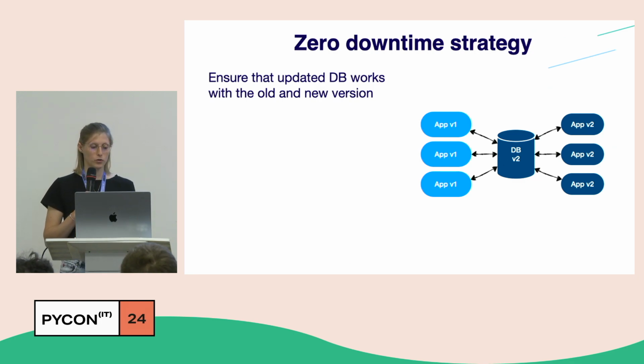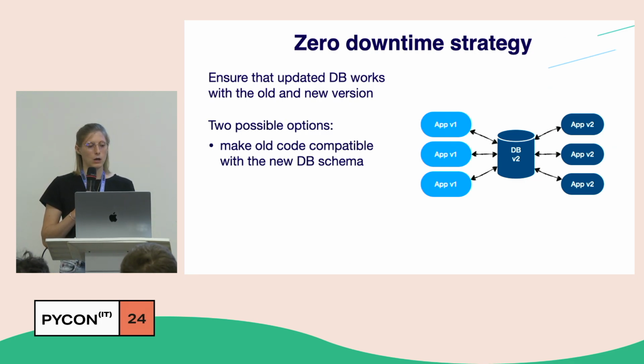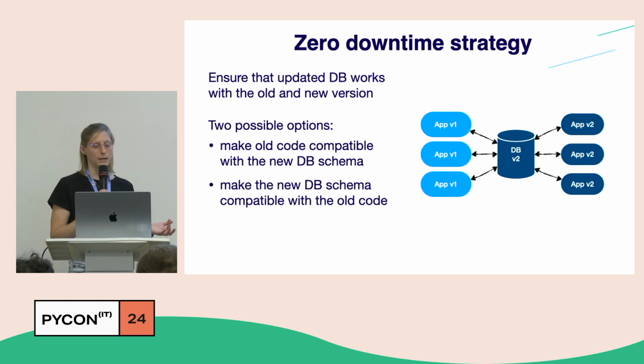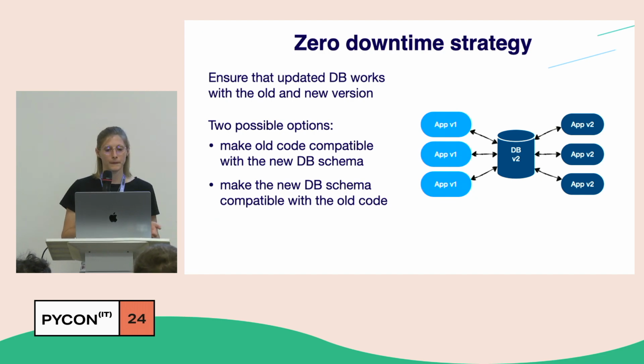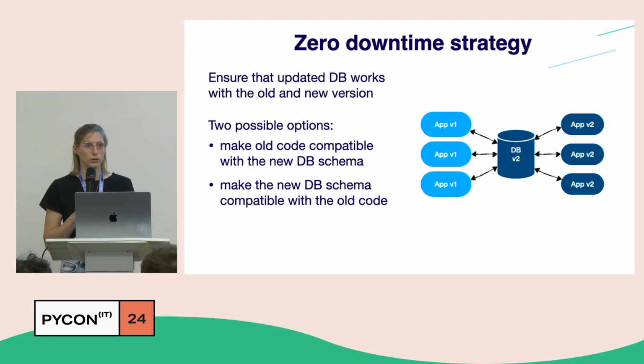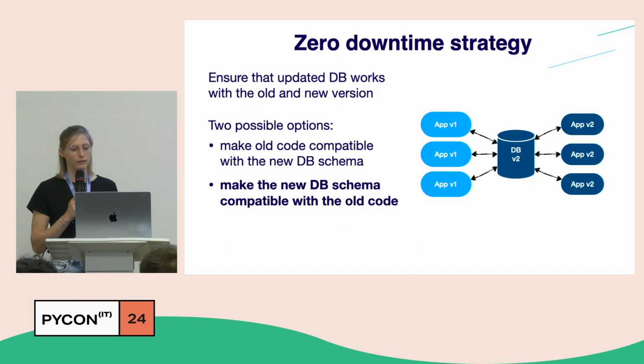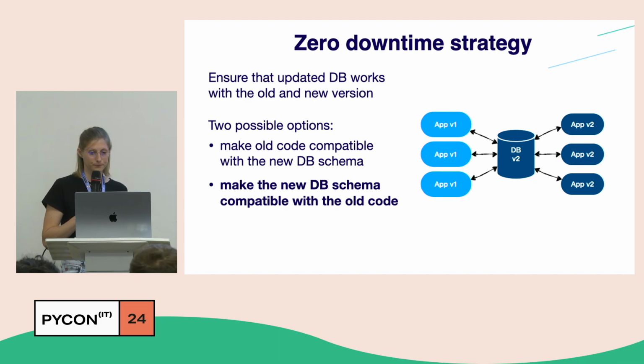There are two possible options to achieve that. We can make the old code compatible with the new database schema, or we can make the new database schema compatible with the old code. Fixing old code is hard and requires crafting two releases, so we decided to choose the second path, as it's easier to achieve.